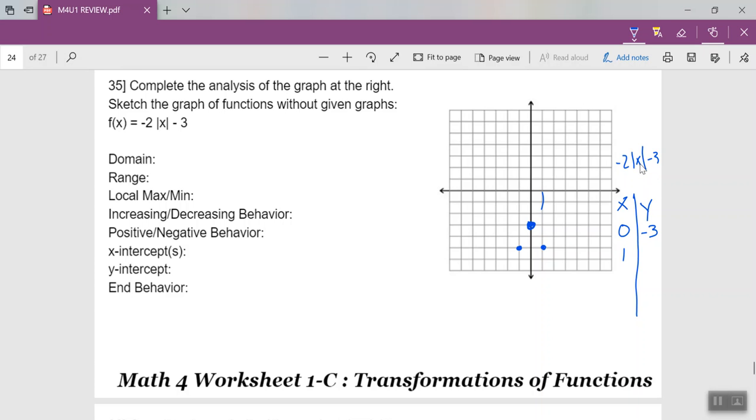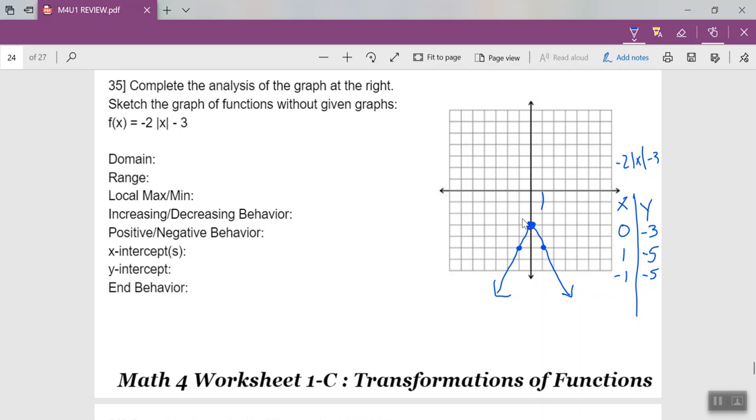That's 1. Negative 2 times 1 is negative 2. Negative 2 minus 3 is negative 5, which is down here. Also, which means if we go negative 1, we also should get negative 5. And we'll just follow that pattern straight out, because those are supposed to be straight lines.